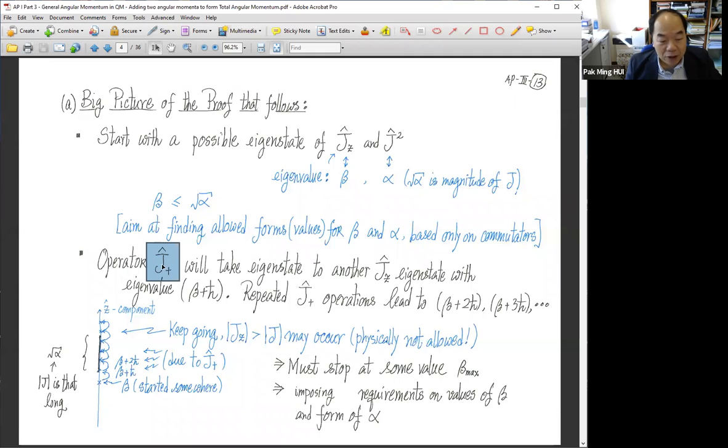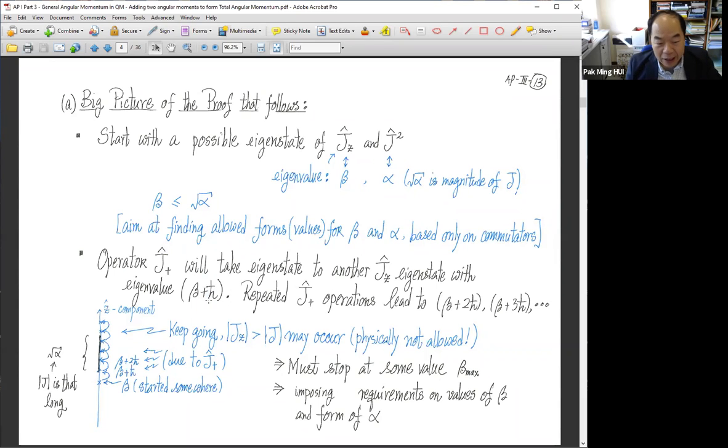So we will have a J plus operator, the function of which is, if we start with this proposed eigenstate with beta eigenvalue for z, this raising operator J plus will keep on adding h bar to the z component state.